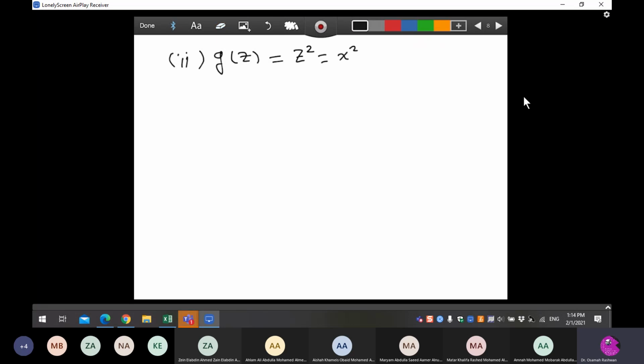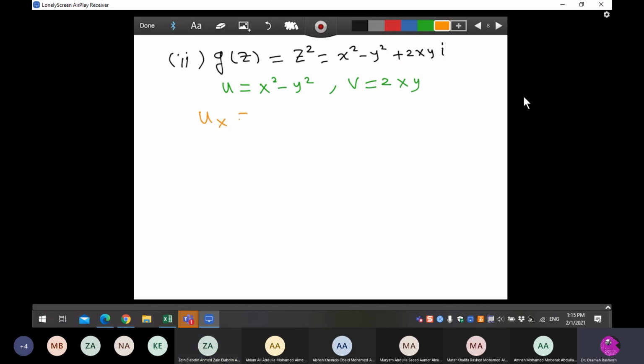It is x square minus y square plus 2xy i. Okay, fine. So what is our u here? Yes, our u is x square minus y square. Our v is 2xy. Now let's go for the Cauchy-Riemann.